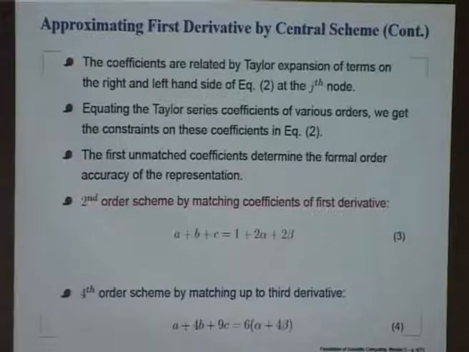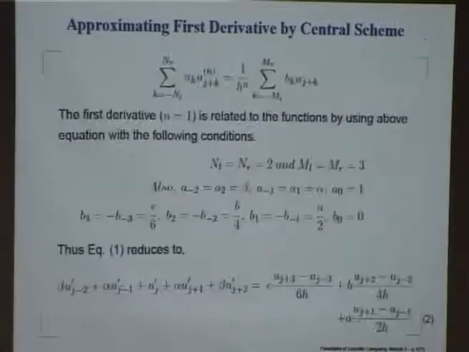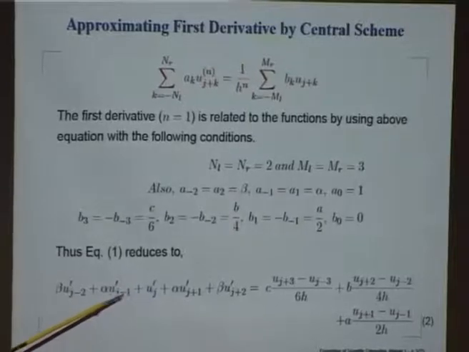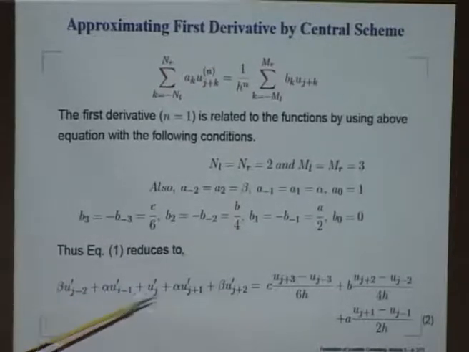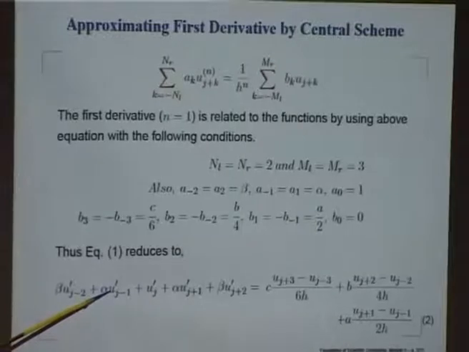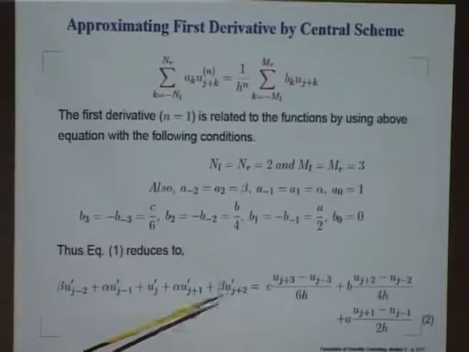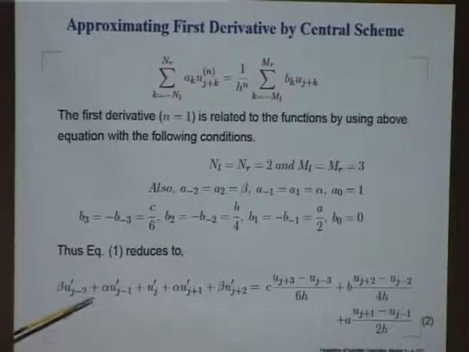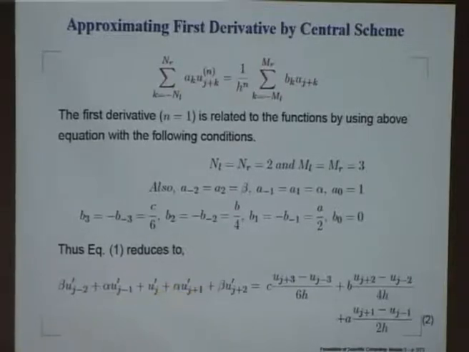So for example, flip back to the previous page, and if I look at the coefficients of, let's say, uj prime, it will be 1 from here. From this and this, I will get 2 alpha. From this and that, I will get another 2 beta. So the coefficient of uj prime on the left hand side is 1 plus 2 alpha plus 2 beta.